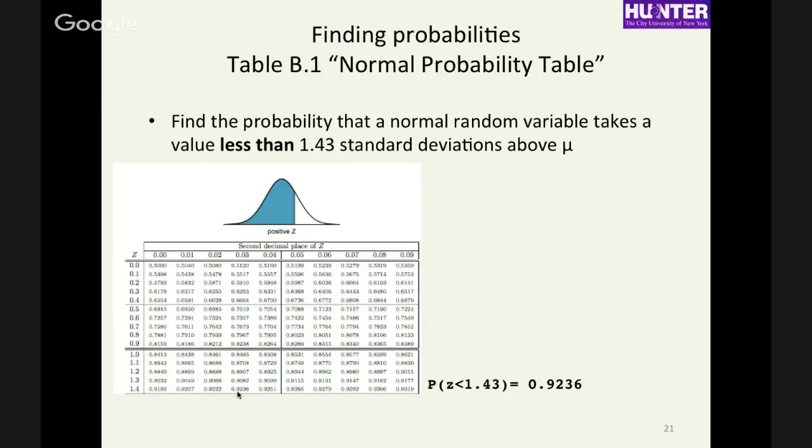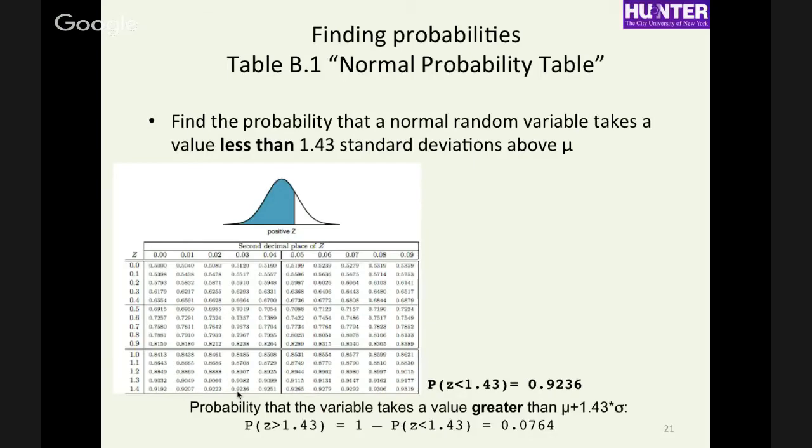So if you take 65 inches plus 3.5 times 1.43, that's going to be, I don't know, about 70 inches or so. This is saying that 92.36% of women from that population will have a height less than that amount. And then conversely, the probability that the variable takes a value greater than that will be 1 minus this answer, 1 minus 0.9236, which is 0.07. So far, so good.